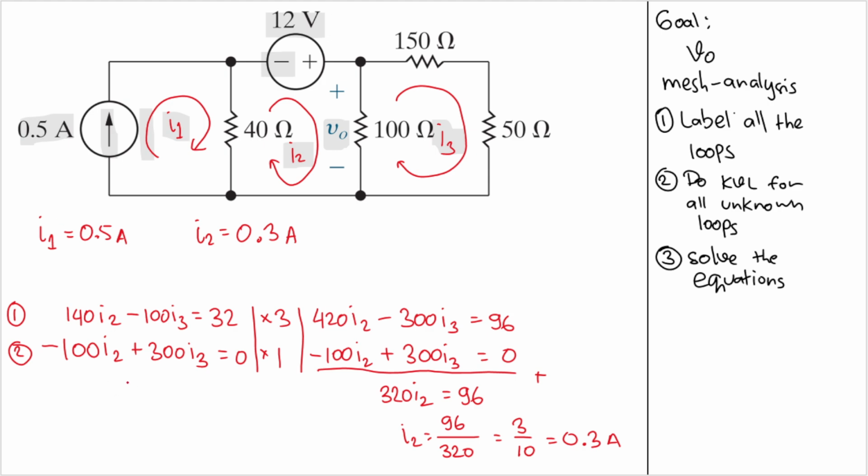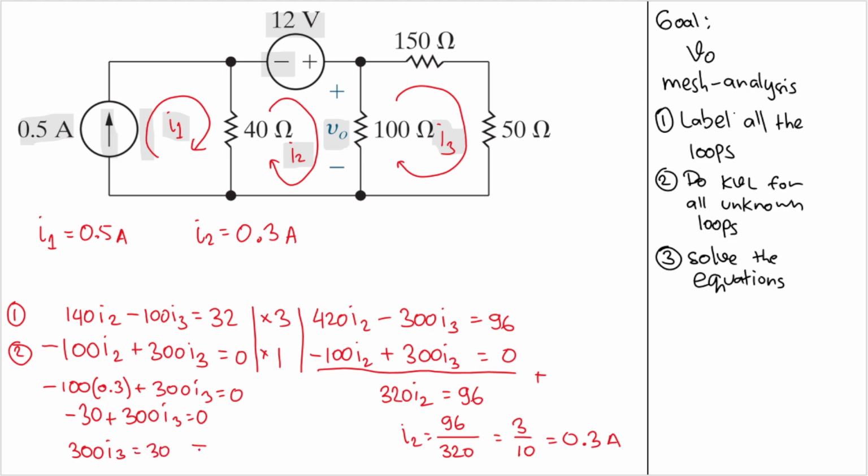So let's repeat that. So I2 is 0.3. So I'll have minus 100 multiplied by 0.3 plus 300 I3. That will equal to 0. Good. I'll have minus 30 plus 300 I3 is equal to 0, or 300 I3 is equal to 30, right?